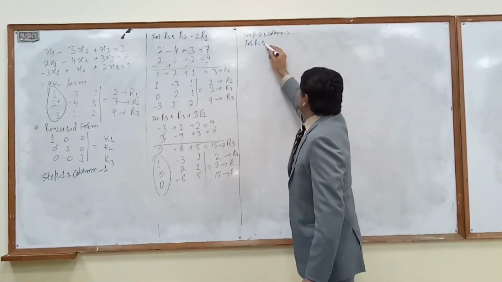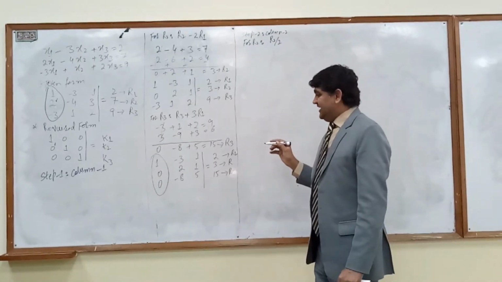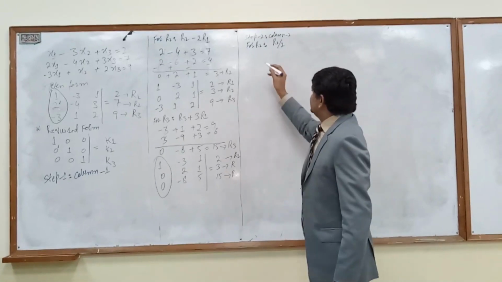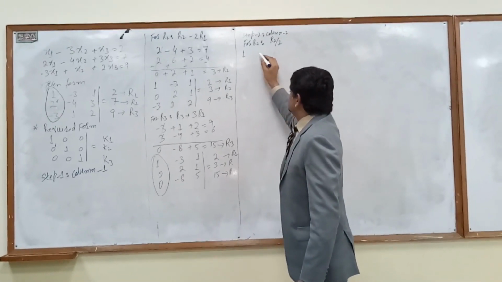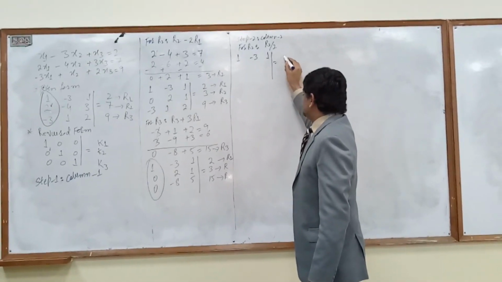So, R2 is divided by 2. R1 and R3 will remain same. So what is R1? 1, minus 3, 1 is equal to 2.